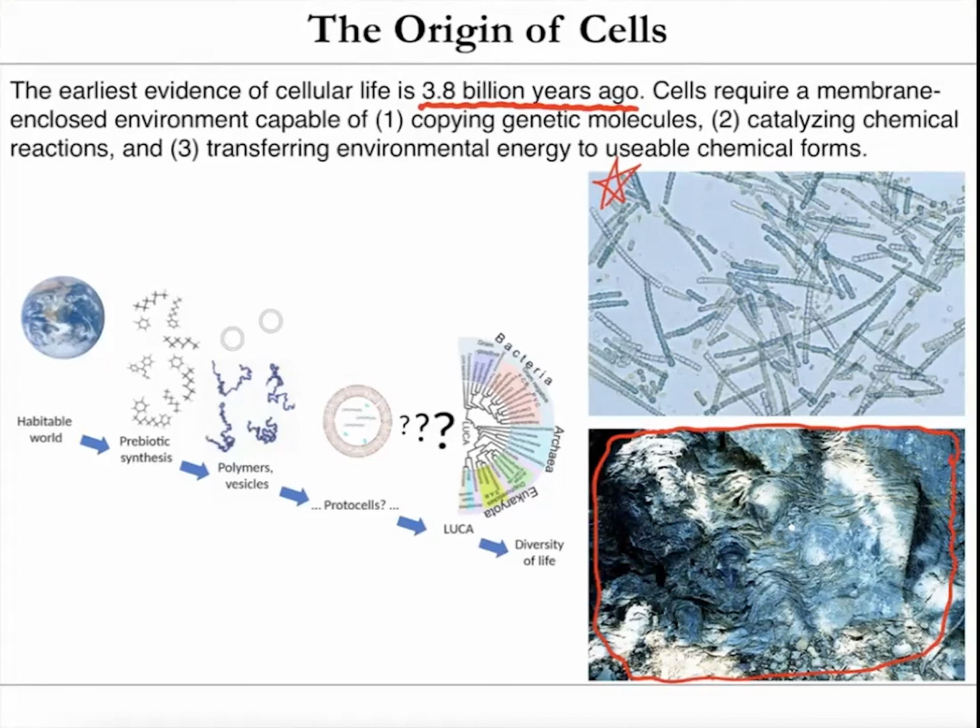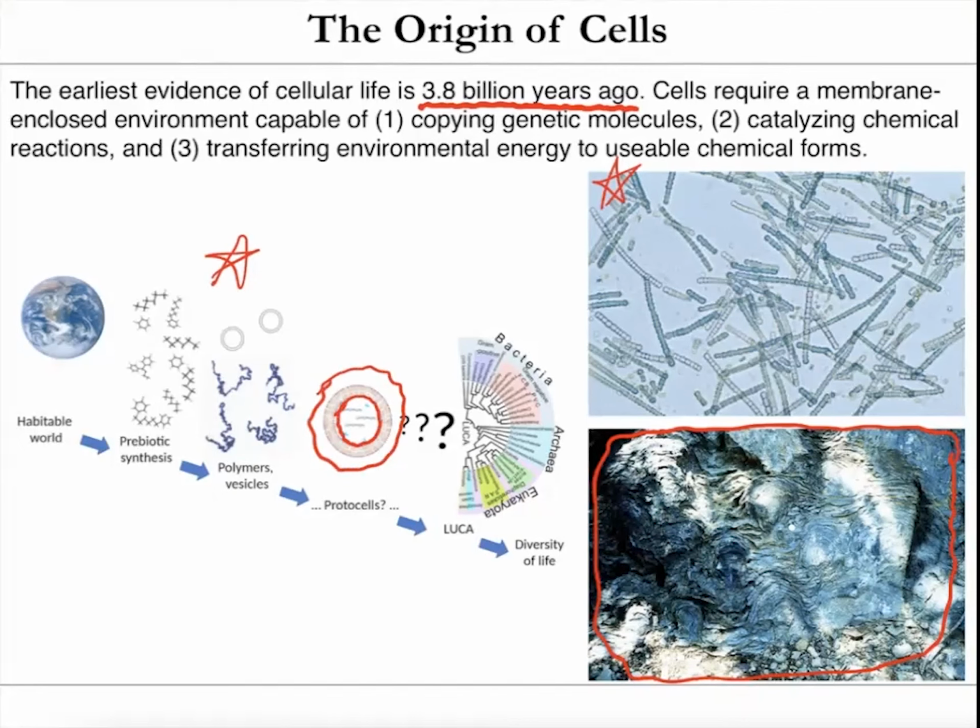So cells arose quite early in Earth's history. How that happened is not exactly known. We've talked a little bit about it previously when we were talking about organic building blocks, but basically the formation of a membrane and then the processes necessary for a cell existing within that membrane is all you need to form a cell. So it's been theorized that there's three things that you basically need to have a cell.